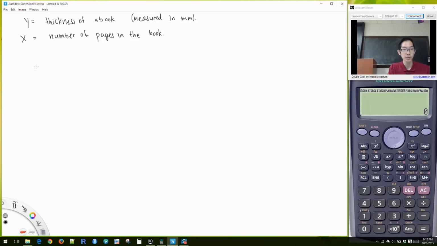All right, and so we write predicted thickness equals, plus.